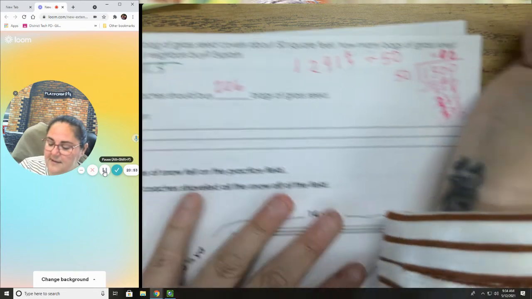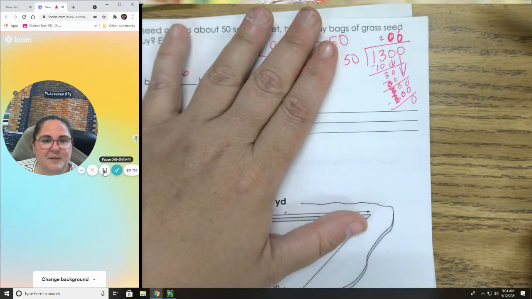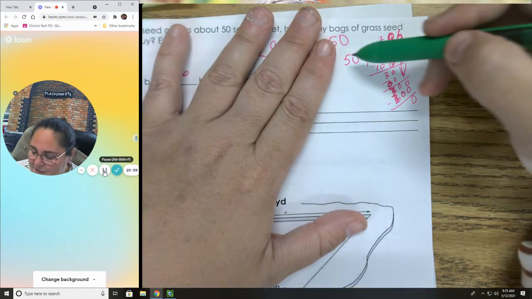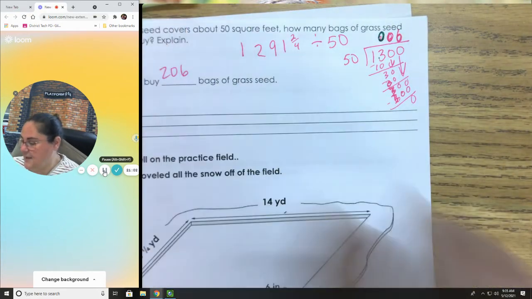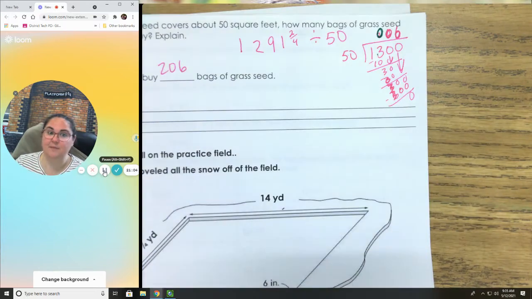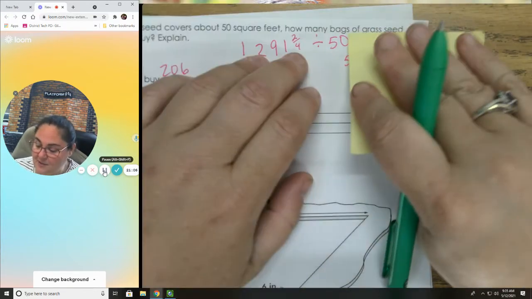Hold on, I did my division wrong because I was dividing by 5. It doesn't. 50 goes into 13 0 times. Imagine I didn't do this, guys. I'm going to redo this one. Sometimes people make mistakes, and I do it all the time. So let's do this again.